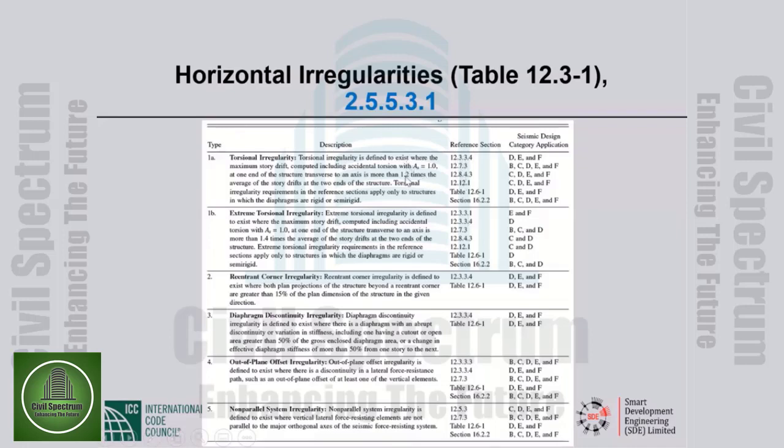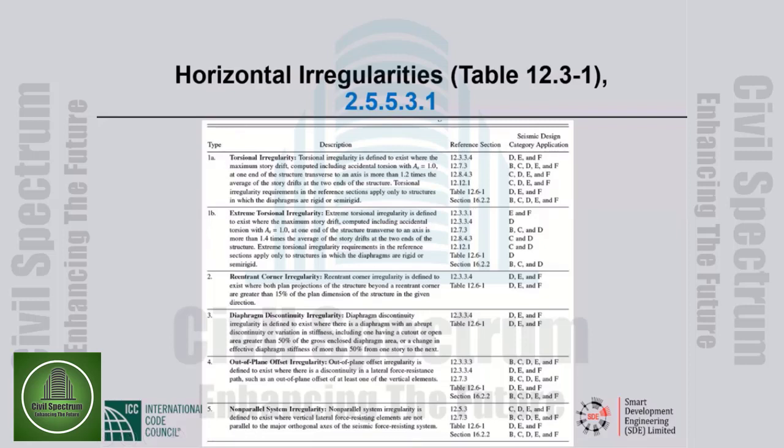ASCE 7 tells you if you have torsional irregularity or horizontal irregularity type 1A, you have to comply with all those sections in ASCE 7-05. Okay, very direct.